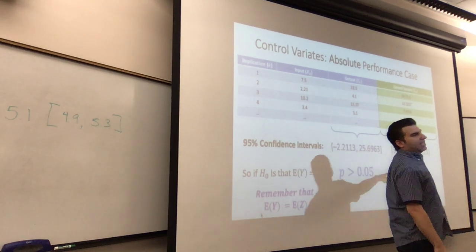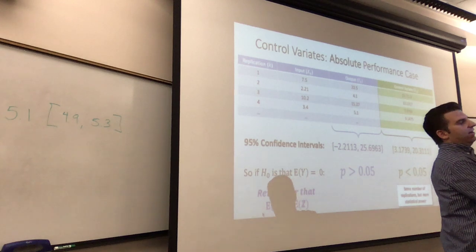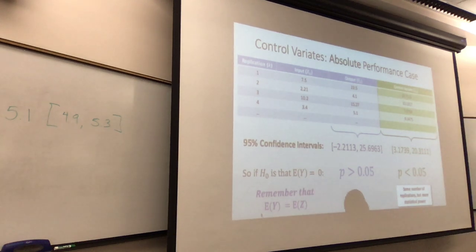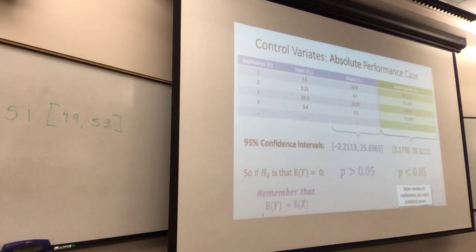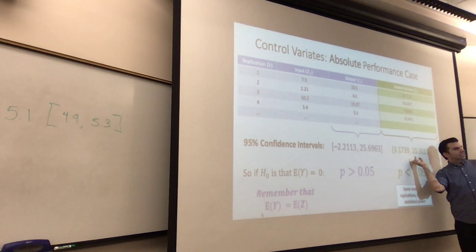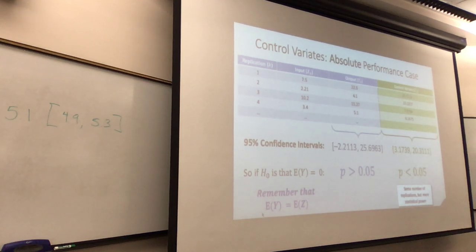So in this particular case, we had inputs that varied that we could not control for, but we could measure. We knew they had an effect on the output, and so we just subtracted off their effect. So the only effect that was left over was the effect of the actual model. And so that's what allowed us to tighten this up. Any questions about this approach, control variance?